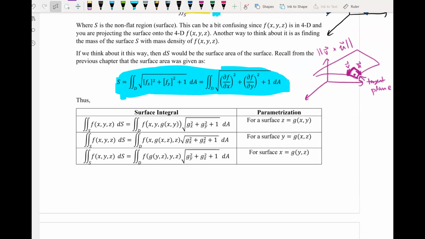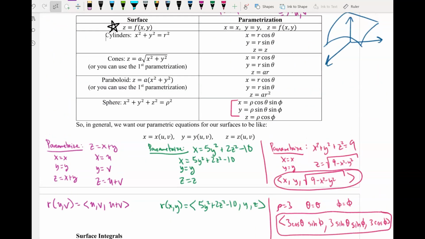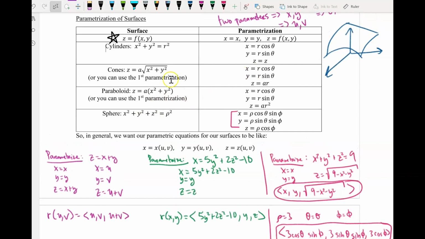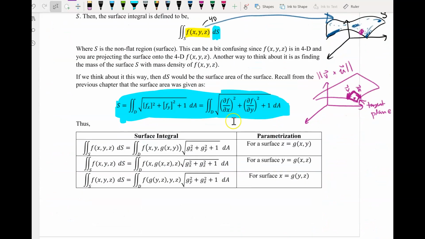Now let's say, for example, this surface wasn't a very function-like surface around its axis. Instead, we have something like cylinders, cones, spheres. If you have all of these other surfaces where the parametrization is not quite as nice, we're going to do exactly the same thing, but instead of using this surface area formula, we are going to go back to how we were calculating the surface area by using its cross product.